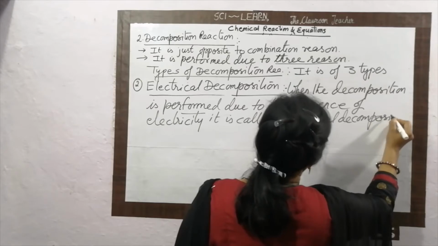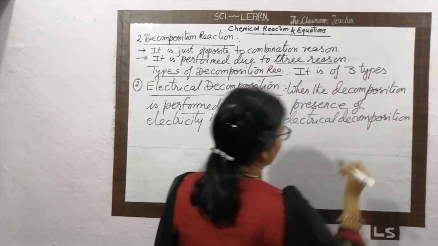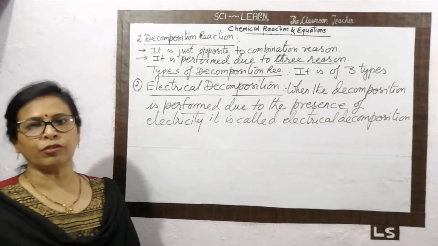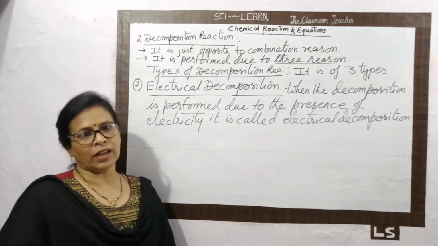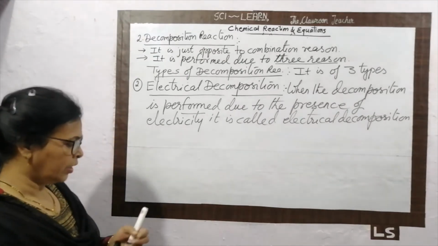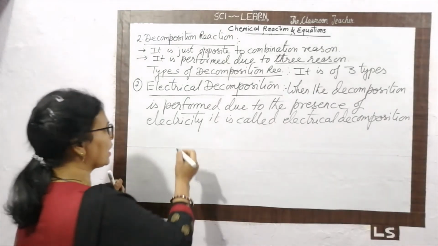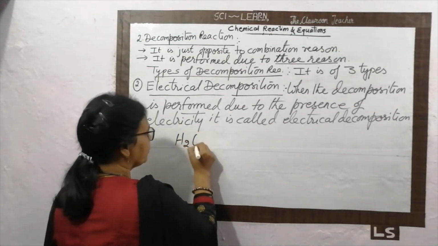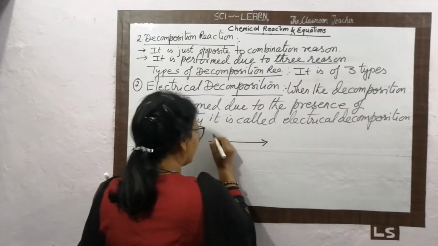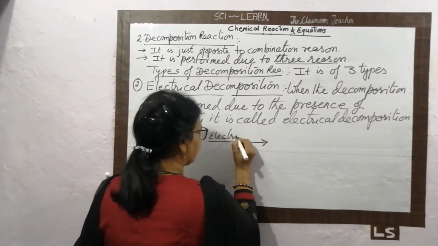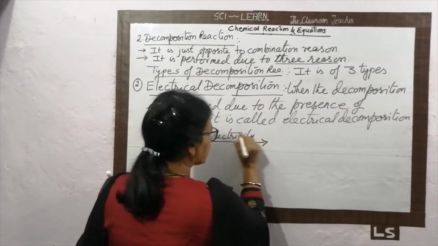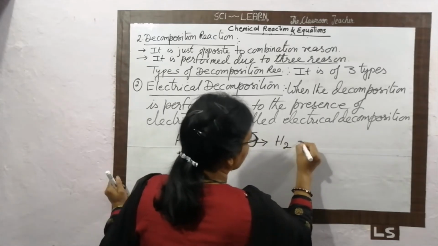Decomposition is the splitting of the compound, and if the splitting process is completed in the form of electricity, then it is called the electrical decomposition. Now one of the examples of the electrical decomposition you already studied in class 8. When we provide electricity, water splits up to form hydrogen and oxygen.